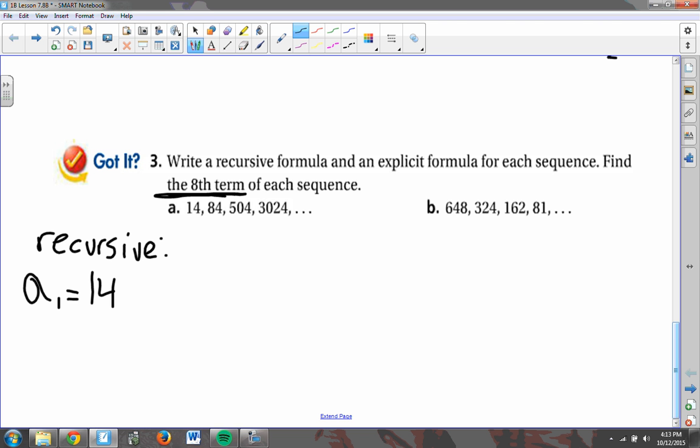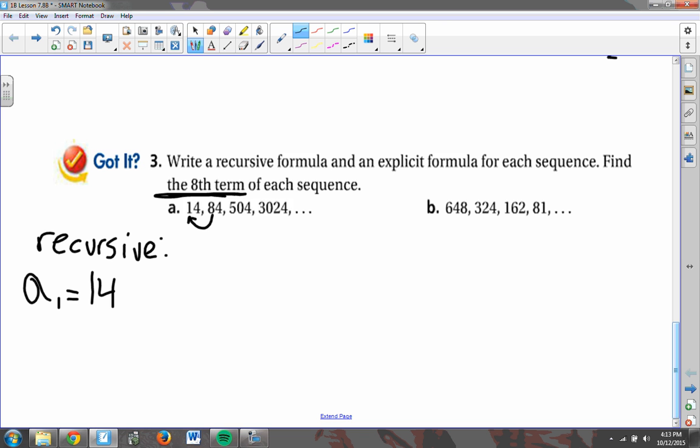So if I want to find my common ratio, I just need to take two of my numbers here and divide them backwards, right to left. So I'm going to use the small numbers because those should be the easiest for me. 84 divided by 14, and that r value is 6.